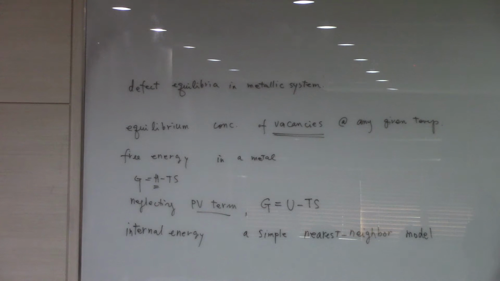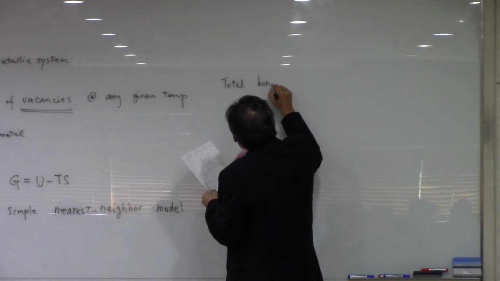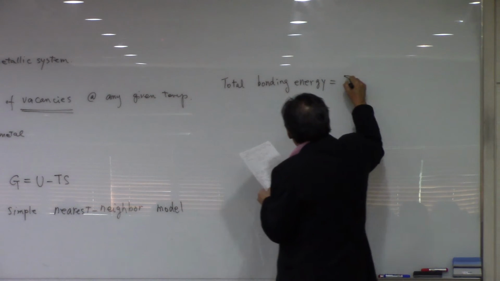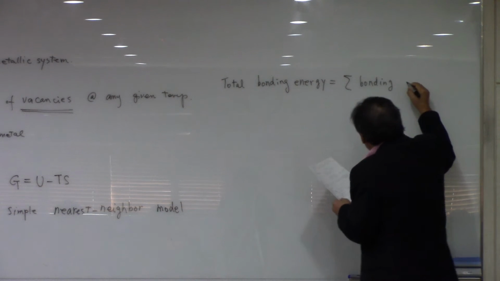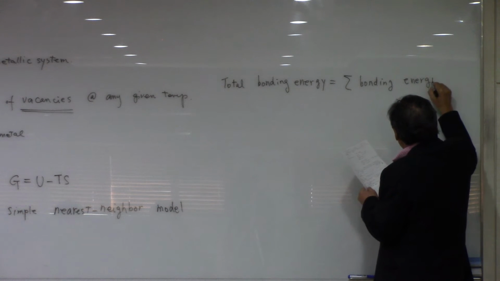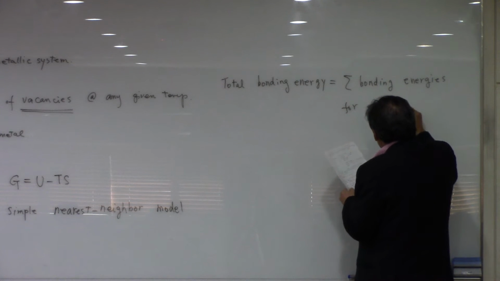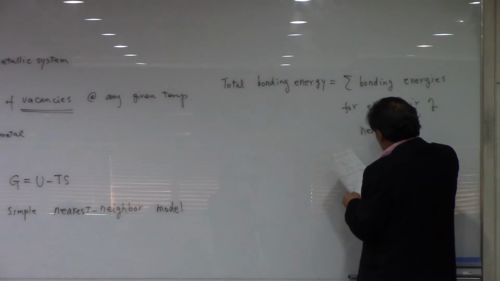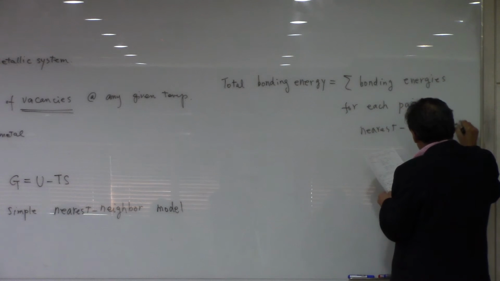The simple nearest neighbor model is nothing but the total bonding energy is equal to the bonding energy for each pair of nearest neighbor atoms.